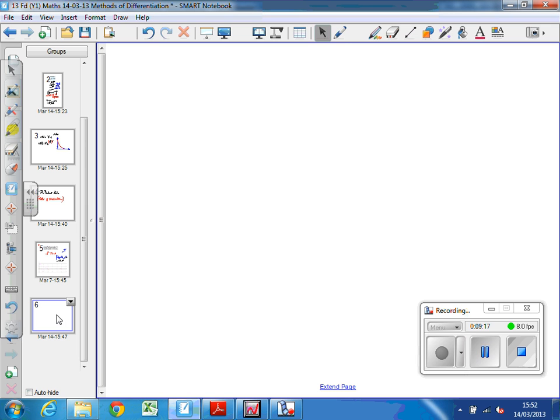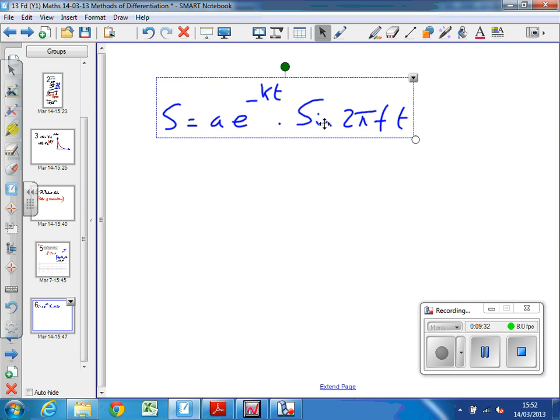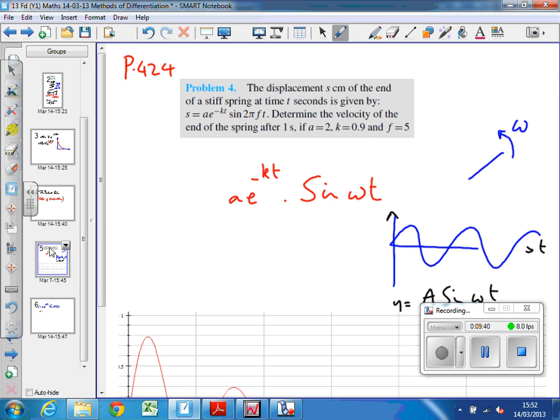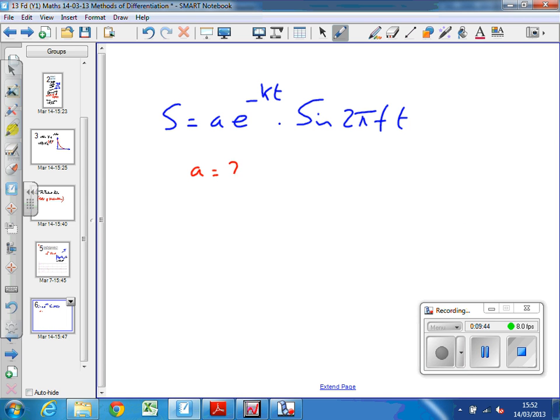So how are we going to do it? We take S equals A e to the minus kt times the sine of 2 pi ft. That's our function. We're given some values, so we know that A equals 2, k equals 0.9, f equals 5.